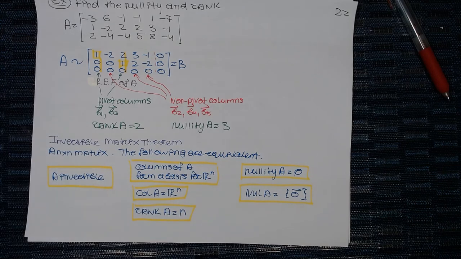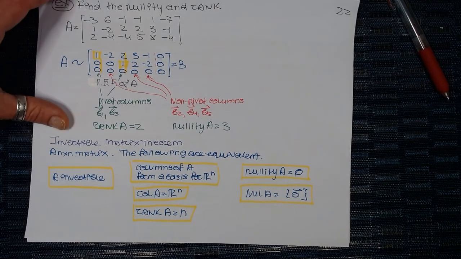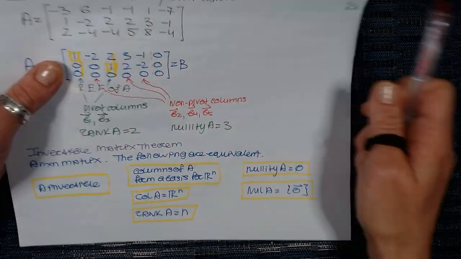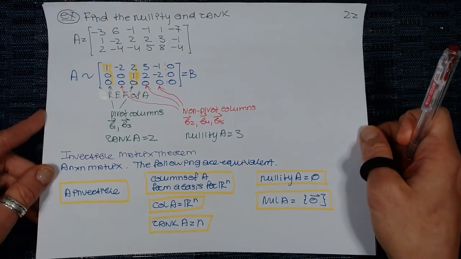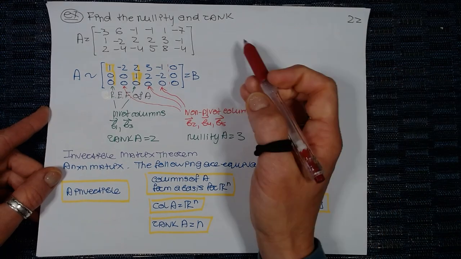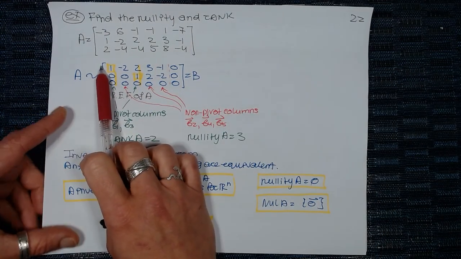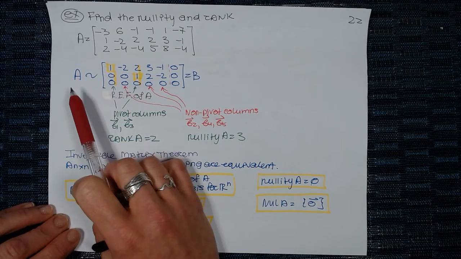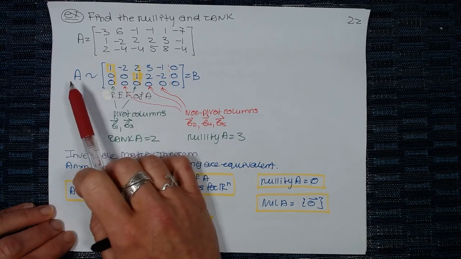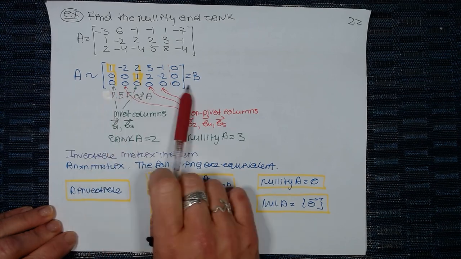All right, so I have one more review sheet here. In regards to column spaces and null spaces, if I have a matrix A and I want to find my column space and null space, what I generally do is bring it to some row echelon form.